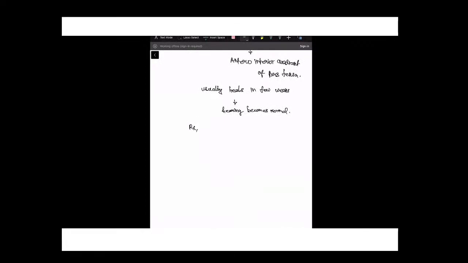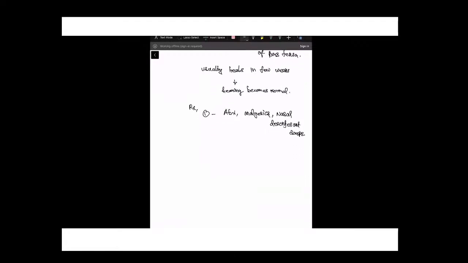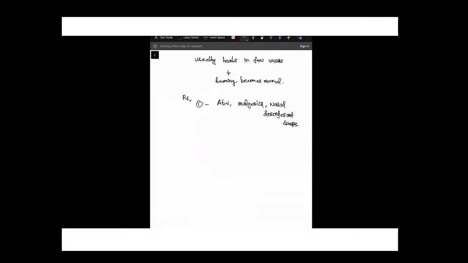Treatment, stage 1: antibiotics, analgesics, nasal decongestant drops. Stage 2, same management.